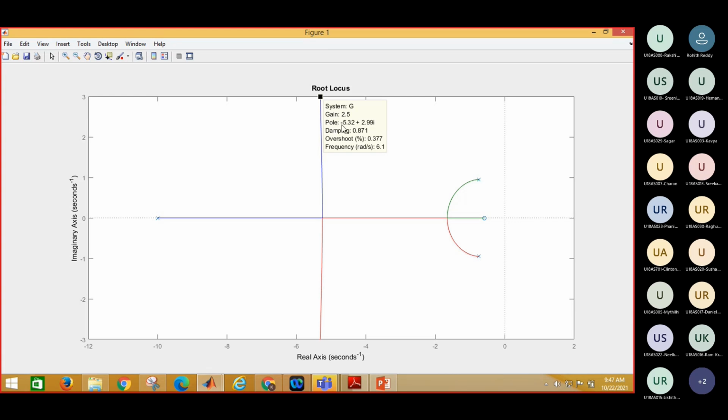In this case, we select the rate gyro sensitivity for your complex poles, because this location is a complex pole. The pole is 5.32 plus 2.99i. My damping is 0.871.